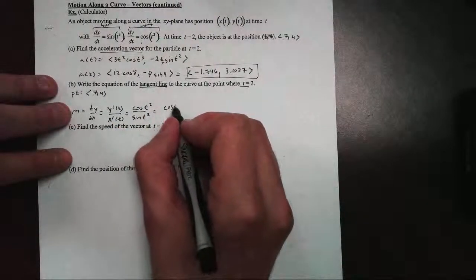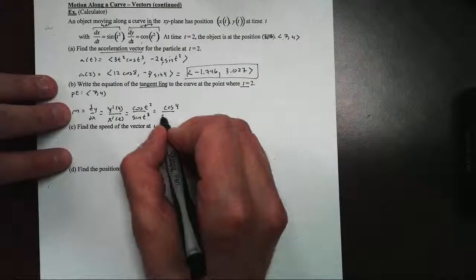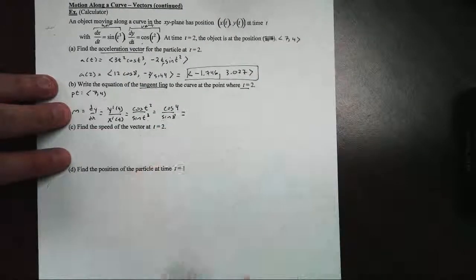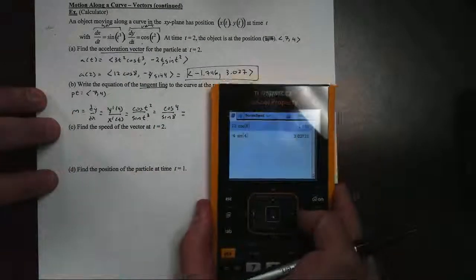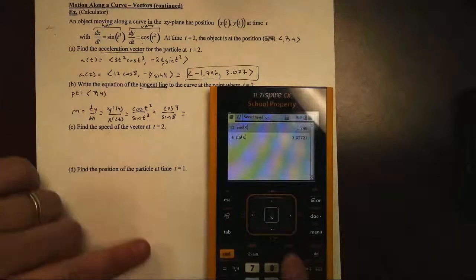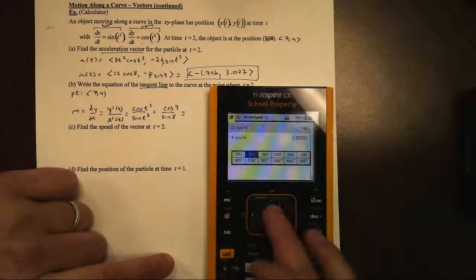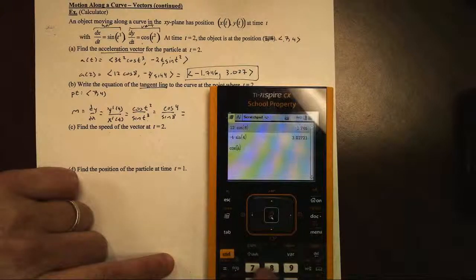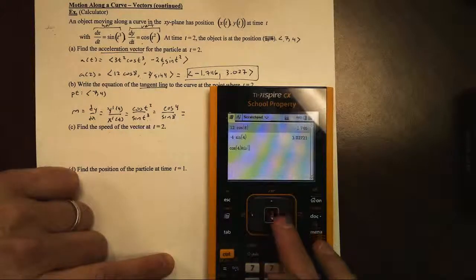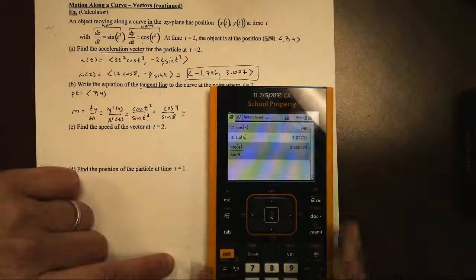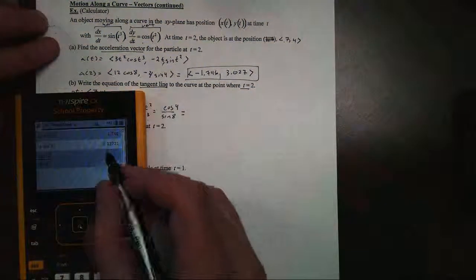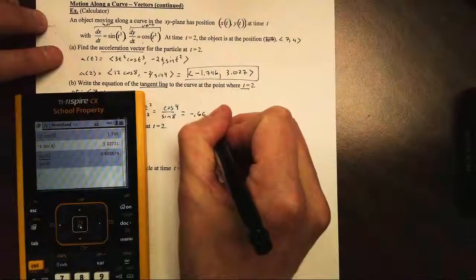That's just the cosine of 4 over the sine of 8. And I can just type that in my calculator. I get the cosine of 4 and divide that by the sine of 8. I press enter and I get negative 0.661.